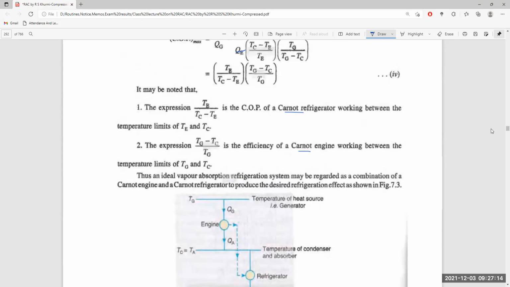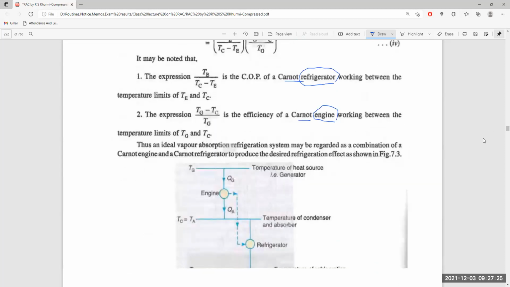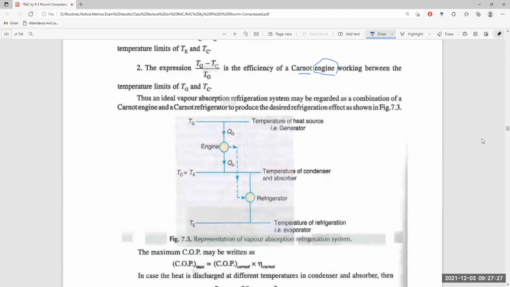Thus, the ideal refrigeration system may be regarded as the combination of a Carnot engine and a Carnot refrigerator to produce the refrigerating effect. Here TG is the temperature of the heat source, the generator, TC is the temperature of the condenser and absorber, and TE is the temperature of the refrigerator, that is the evaporator.